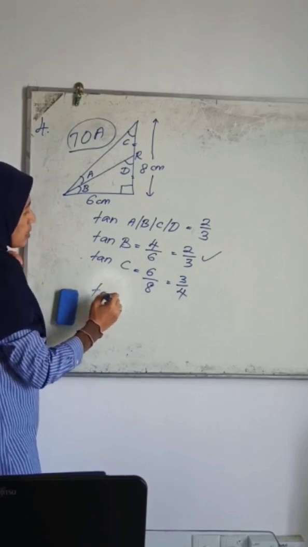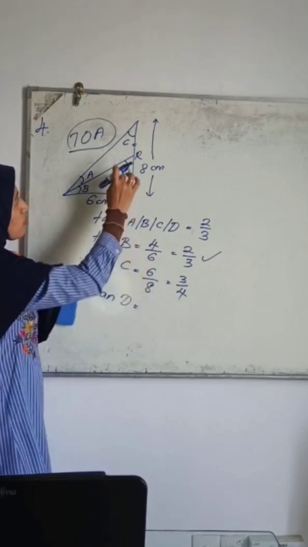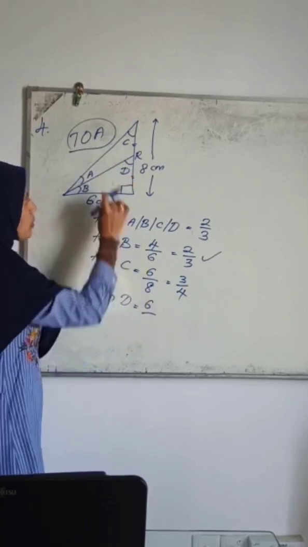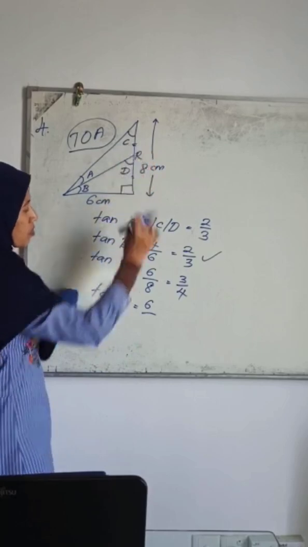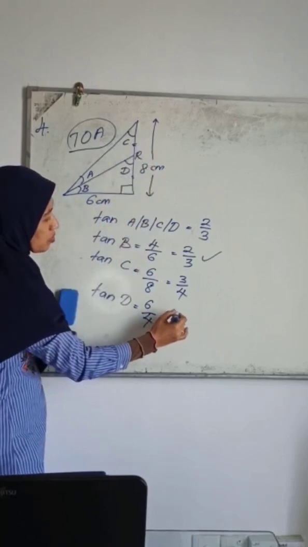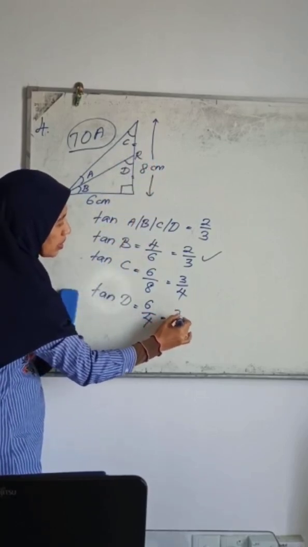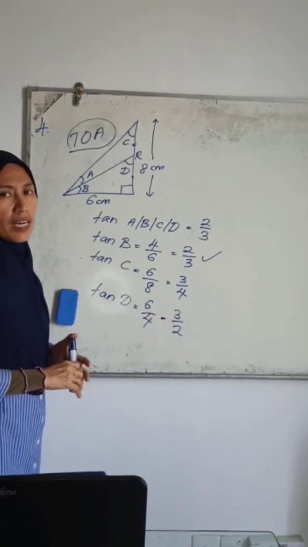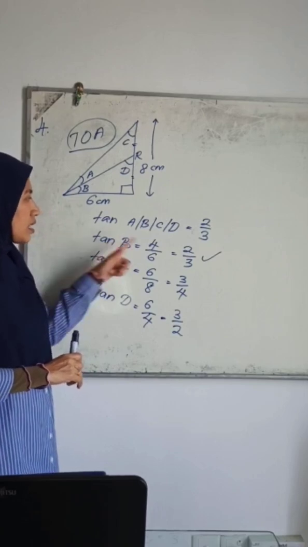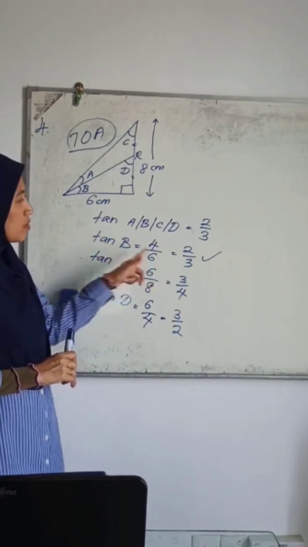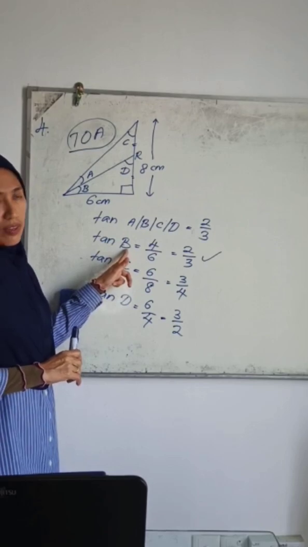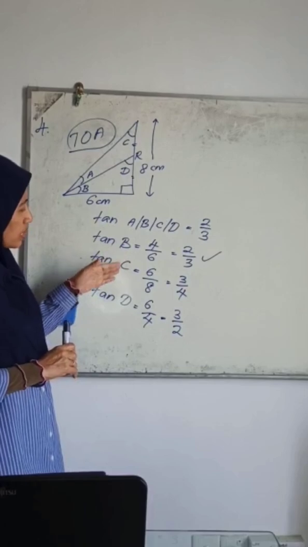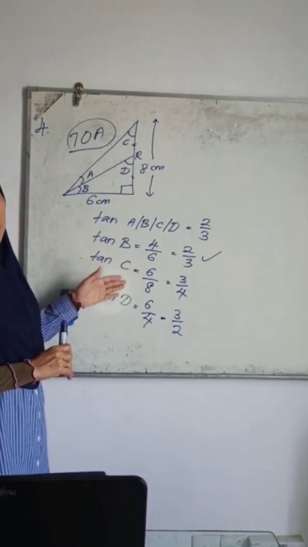Look at tangent D. Tangent D is equal to opposite 6 per adjacent 4, which equals 3 per 2. So confirm, the answer is 2 per 3 for tangent B. When you can find the answer on the first trial, there is no need to try the next angle.